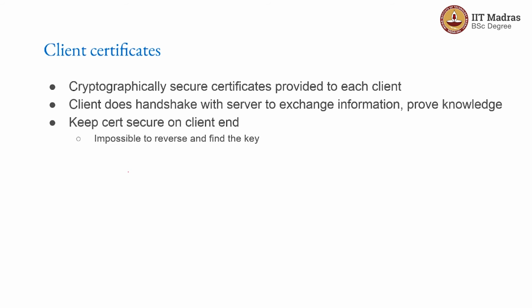And the client now is able to establish to the server that it has some information which only that particular client could have known. It has a specific certificate which was issued by somebody that both the server and the client trust, and therefore this server can happily trust this client.